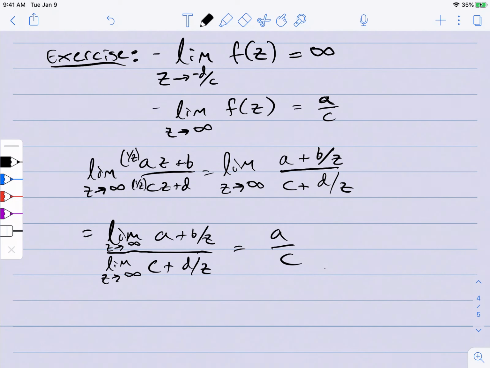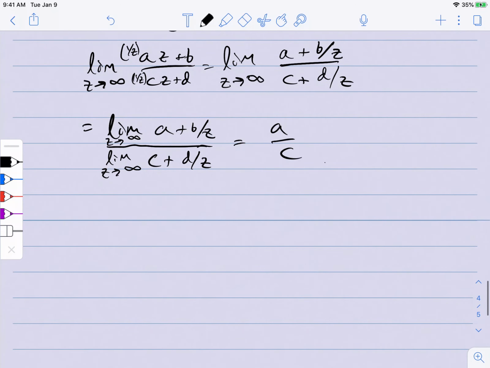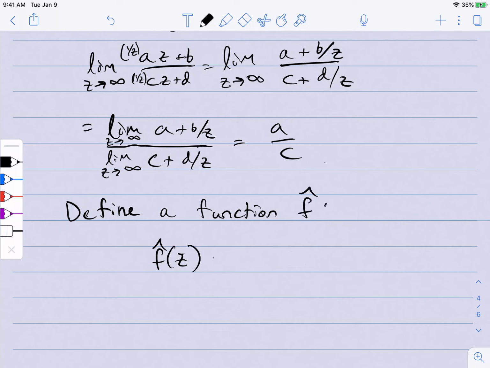So let me be a little more precise. I'm going to define a function. I'm going to call it f hat of z. I don't think this is what the book uses, but that's okay. So f hat is going to be a function from the extended complex plane to the extended complex plane. I'm going to involve infinity also.